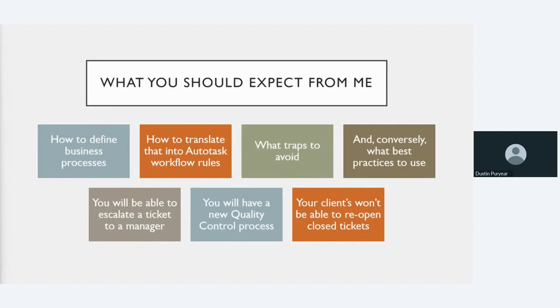That's going to be, how do you auto-assign tickets? How do you escalate a ticket? How do you have a quality control process when a tech wants to complete a ticket? And the big one, and you see this on forums all the time, how do you stop your end users from reopening completed tickets? You can actually do all this directly inside of Autotask.